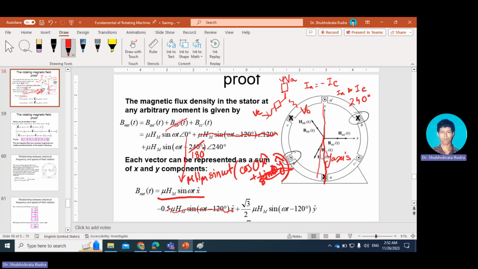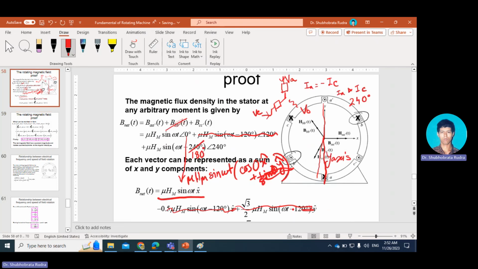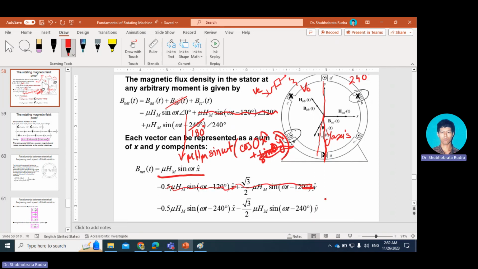This part is not present. Coming to this, the entire part will become absent. Here, if we can scroll a little bit, right. Here, please note that we will have this cos omega t minus 180 degree, and this one also minus 180 degree.